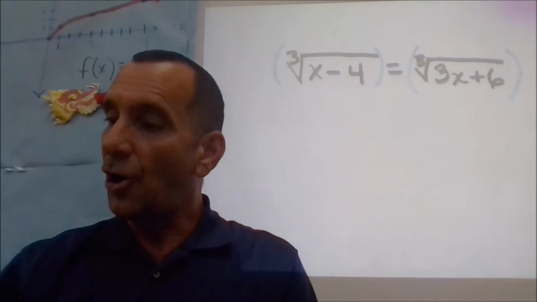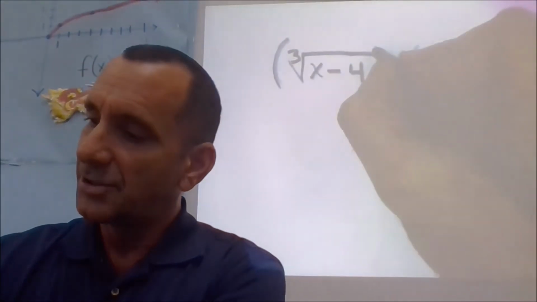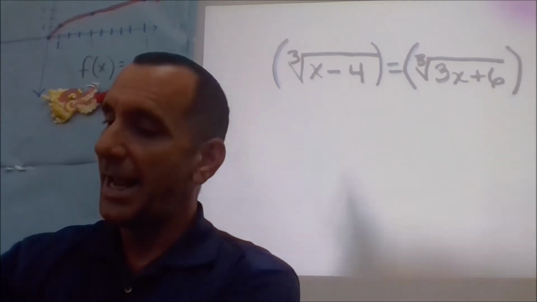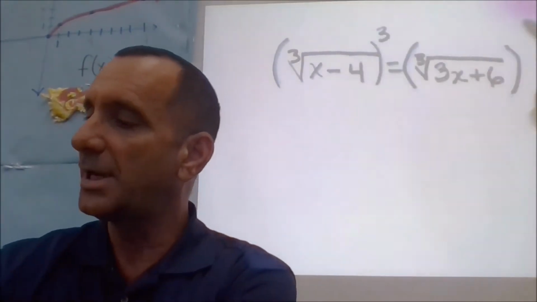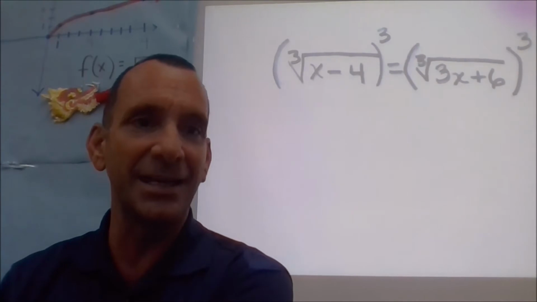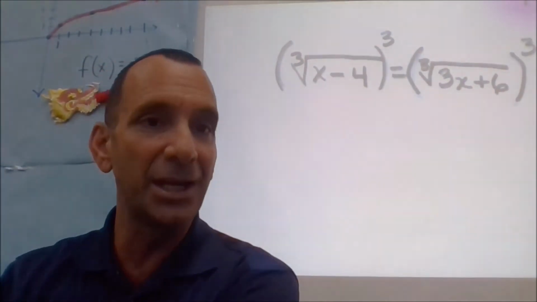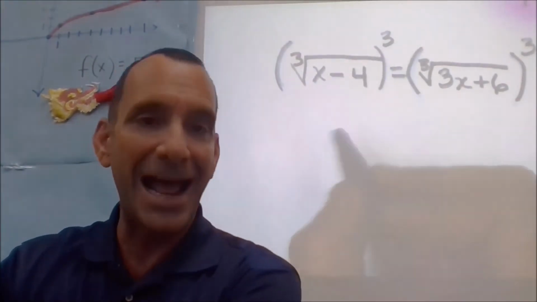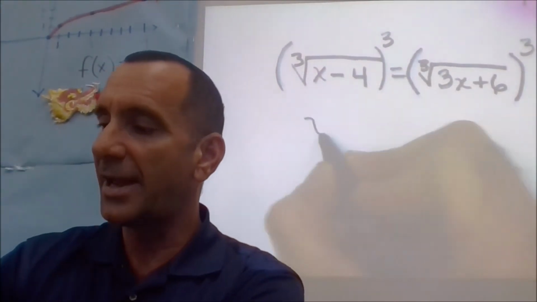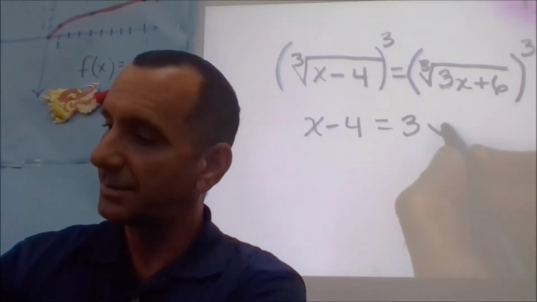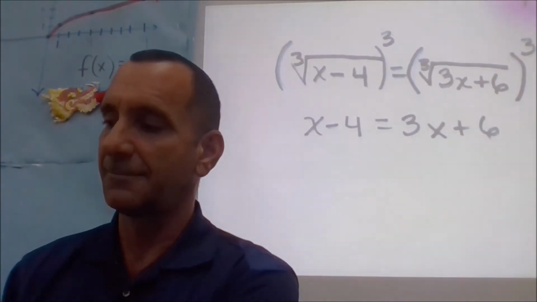So really, all you have to do to get rid of a cube root, you cube. And because it's on both sides, we can cube both sides. Well, this makes the problem really simple because when you cube a cube root, the radical disappears. So we have x minus 4 equals 3x plus 6.